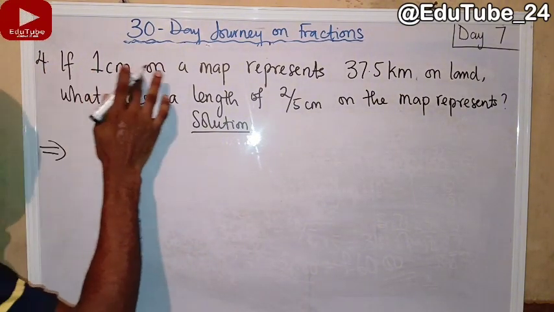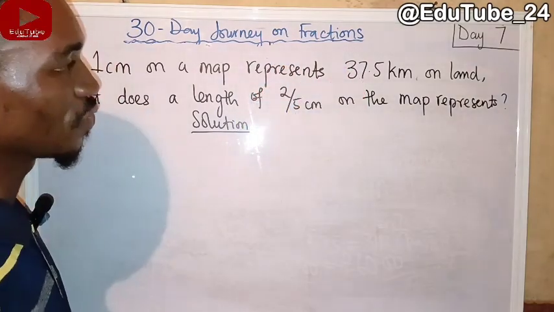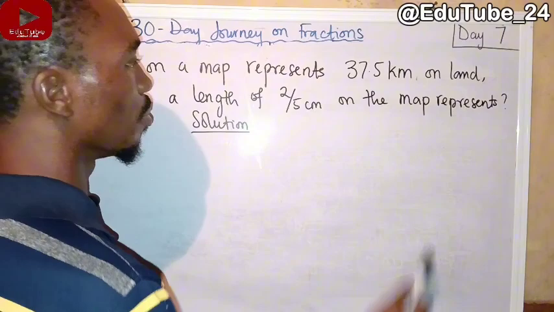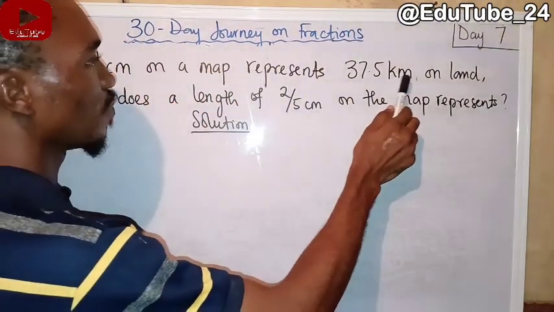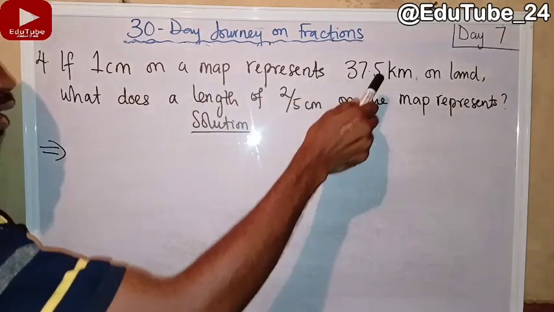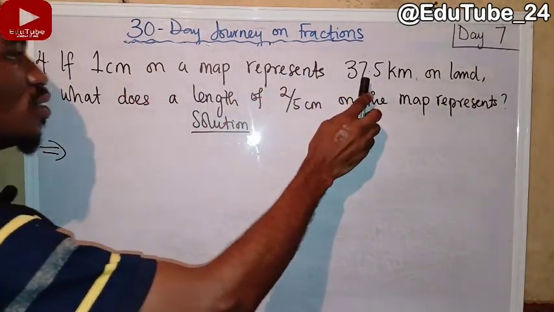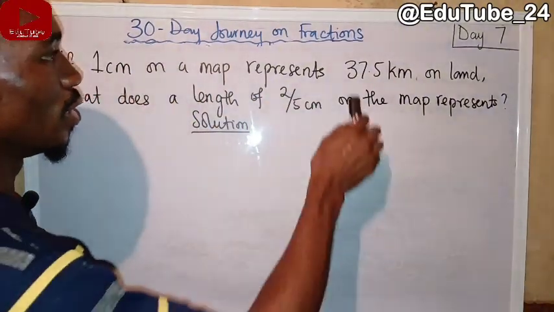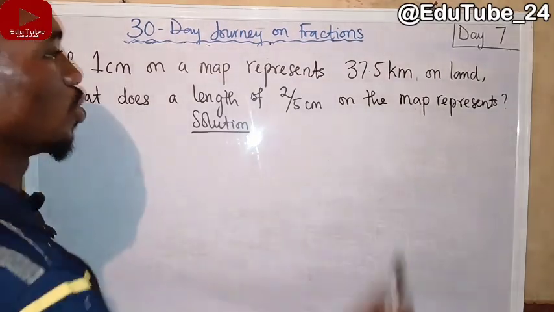It says, if 1 centimeter on a map represents 37.5 kilometers on land, what does a length of 2/5 centimeter on the map represent? Again, if 1 centimeter on the map represents 37.5 kilometers on land, that means in real measurement 1 centimeter represents 37.5 kilometers. In the map, it is 1 centimeter, but on real land, it is 37.5 kilometers. So what does the length of 2/5 centimeters on the map represent?